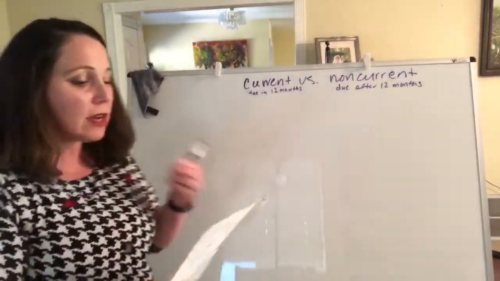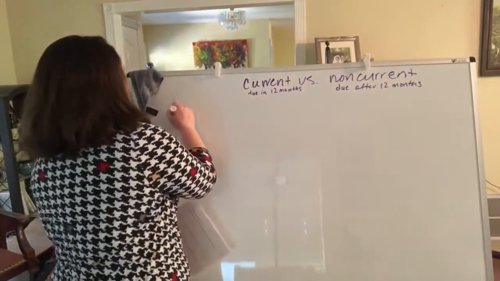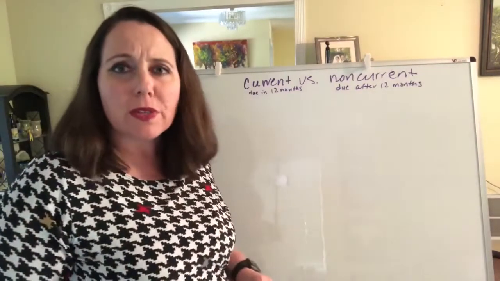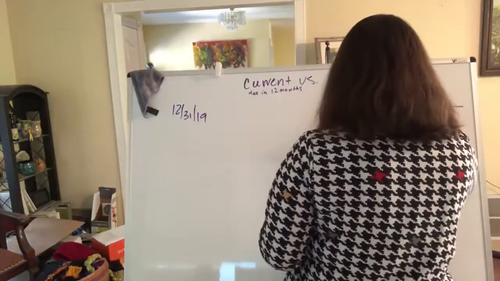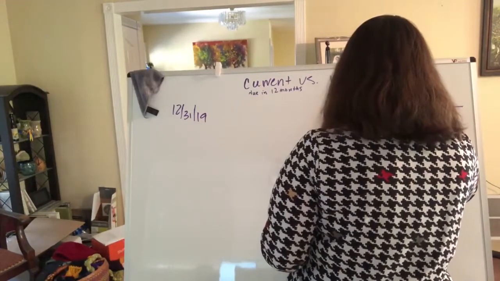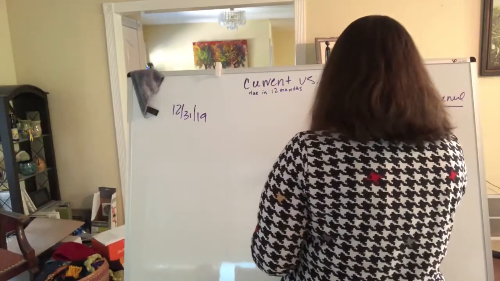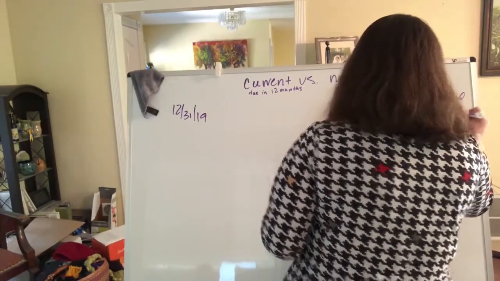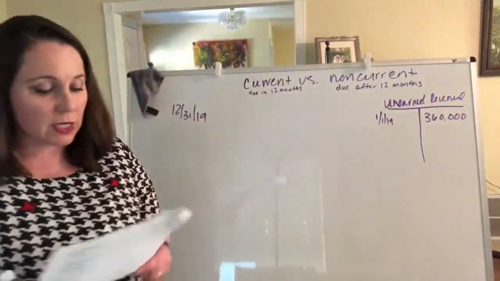All right, the next thing our worksheet asks is, now it's 12/31. And I'm going to do my unearned revenue T account just so I can keep track of things. Okay, so on 1/1/19, we credited unearned revenue for $360,000.